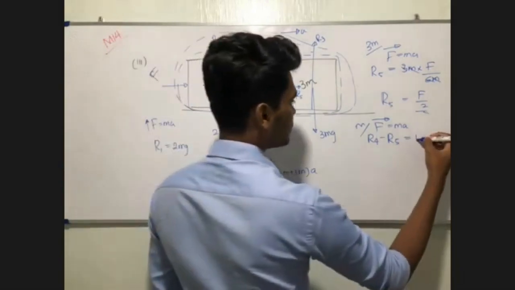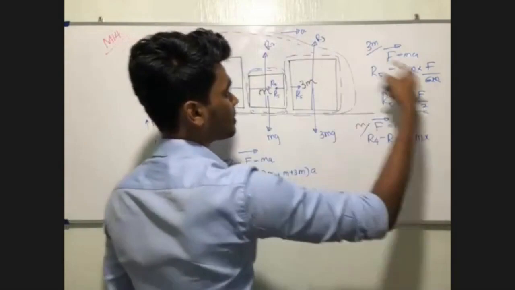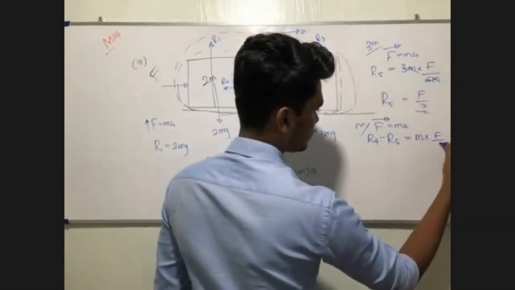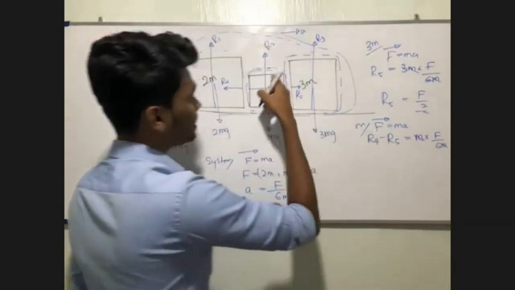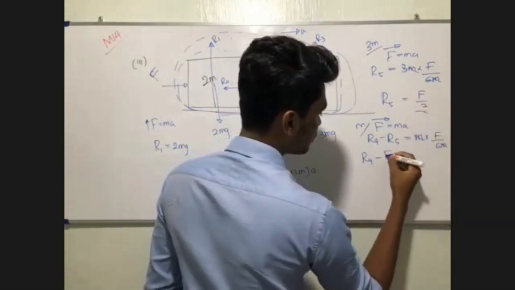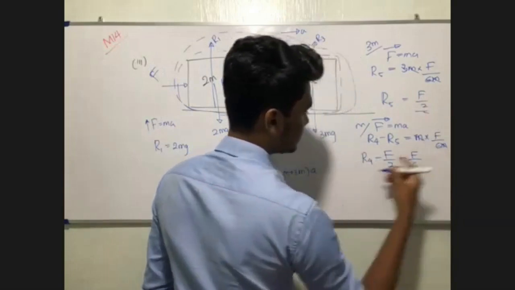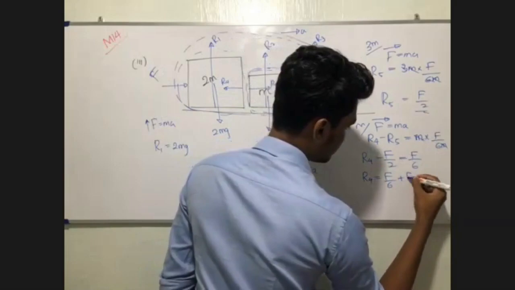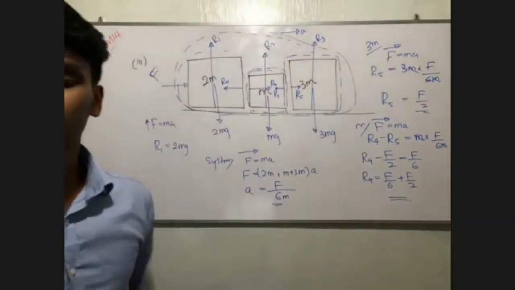No. So its mass is m, and it moves with the same acceleration, F over 6m. What we need to find is R4. R5 we already know, F over 2. Take this to that side. R4 is F over 6 plus F over 2. If you simplify, you're going to get the answer.